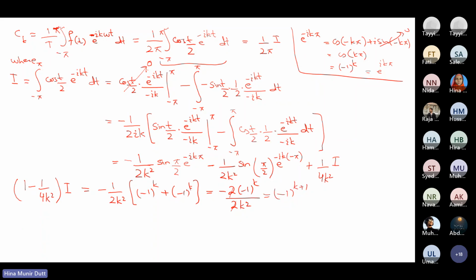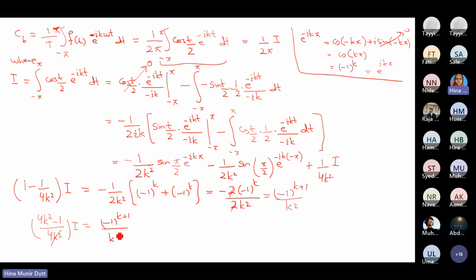So 1 is added to the exponent of this, minus 1 to the power k plus 1. And from here, if I look, I can take LCM: 4k square minus 1 over 4k square. I is equal to, below on k square, minus 1 to the power k plus 1 over k square.